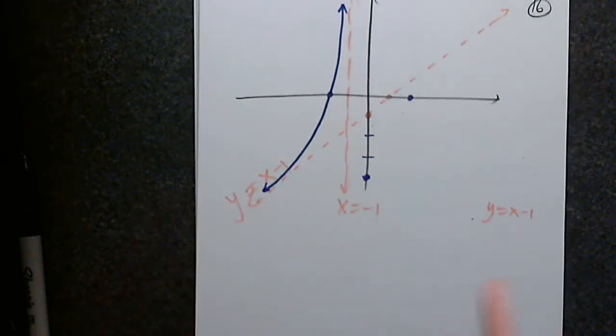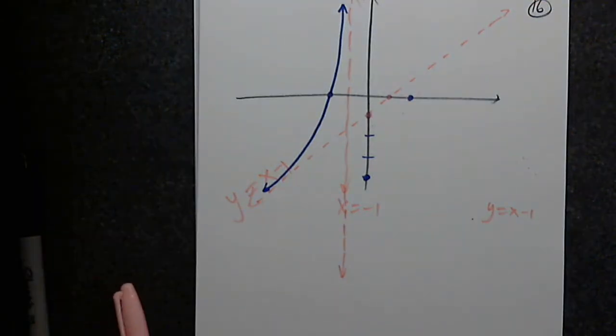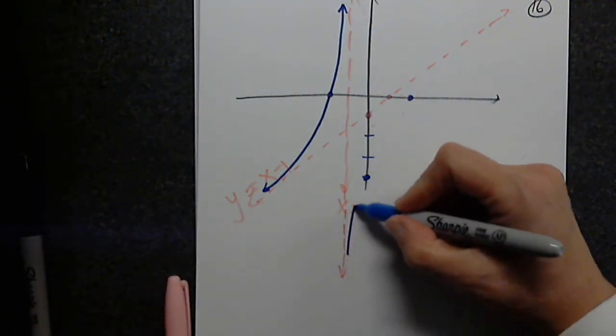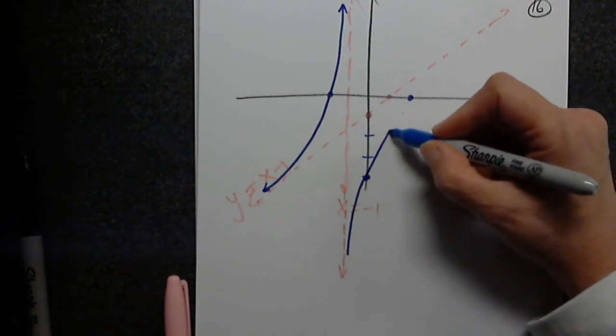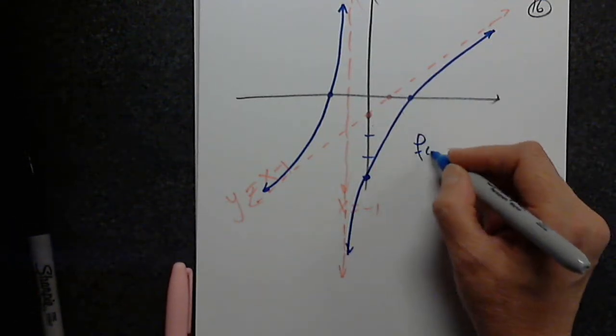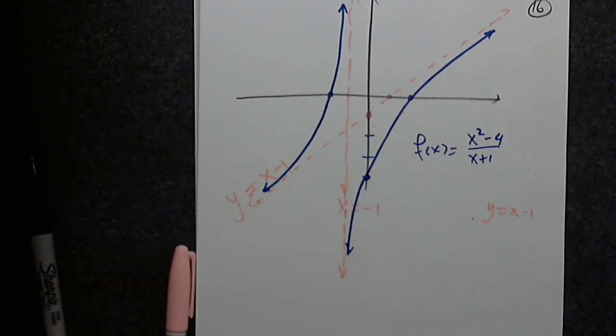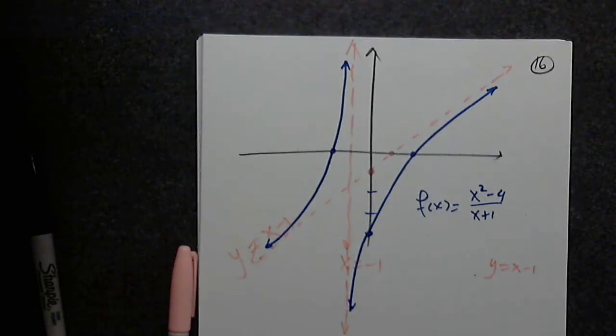Allow me to extend the vertical asymptote. And this is the function x squared minus 4 over x plus 1. Yes, we can put it quickly in the graphing calculator.